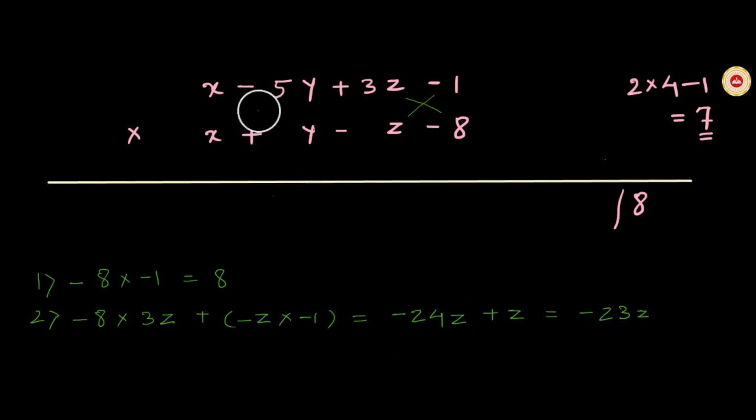So the answer of the second step is minus 23z.